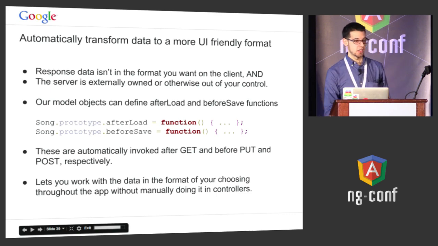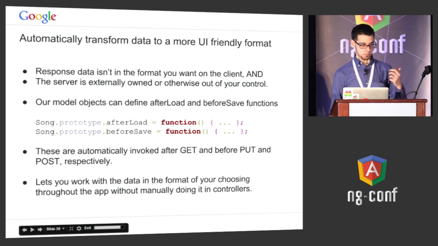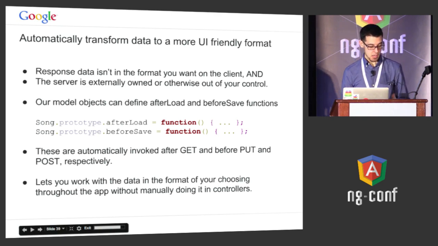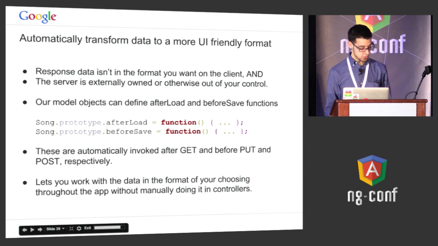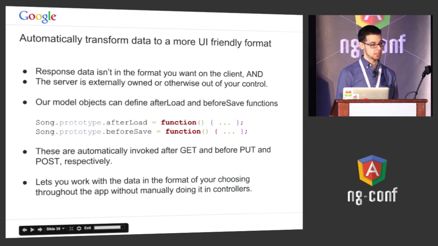So it really helps us to be able to say, well, I just want to work with the data in this format, and I'll configure my model object such that as long as I'm on the front end, I'm just working with it in the format I want, and it's automatically transformed as it comes from the server and goes back to the server. The implementation of this is really straightforward. We just have two functions that are defined on the model object, an after load and before save.